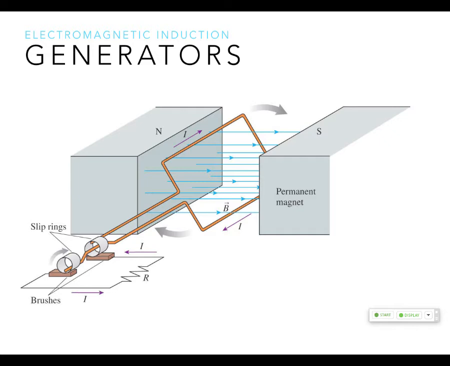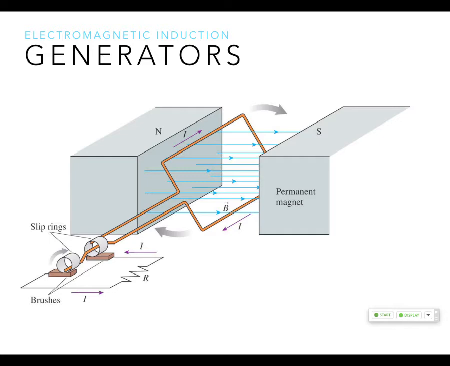So all of this just comes from this rotation. How would you end up getting something that's rotating? How do you get this mechanical energy transferred into electrical energy? The magnetic field stays constant. What could you use to turn something?